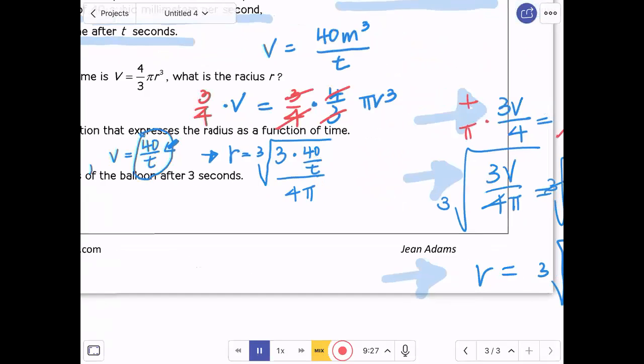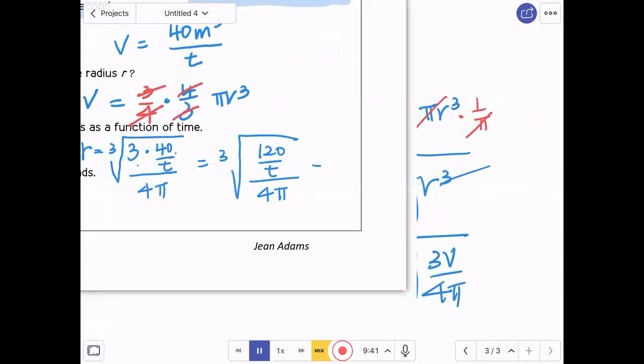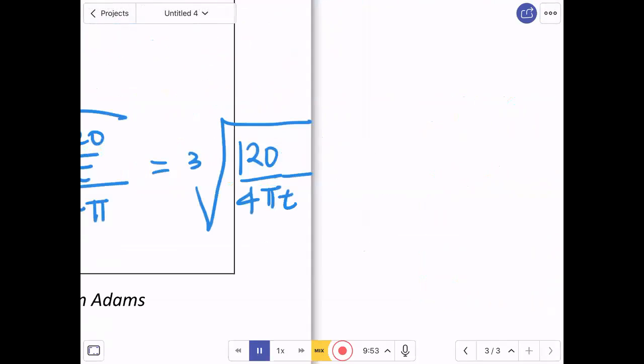Let's simplify more: the cube root of 3 times 40, 120t, over 4 pi. And then if we simplify, 120 and 4 reduce to 30. So the cube root of 30t over pi. This is the final function for the radius.